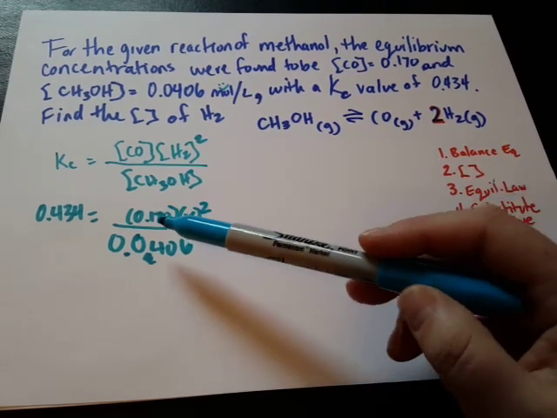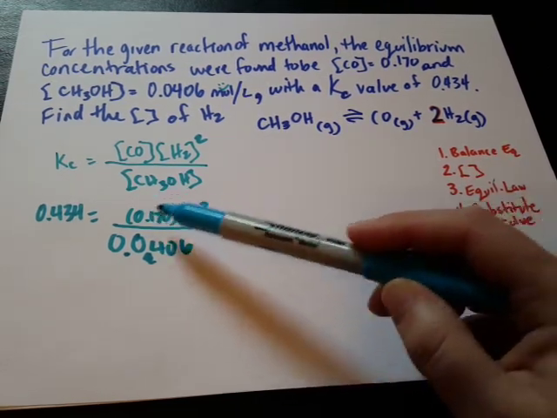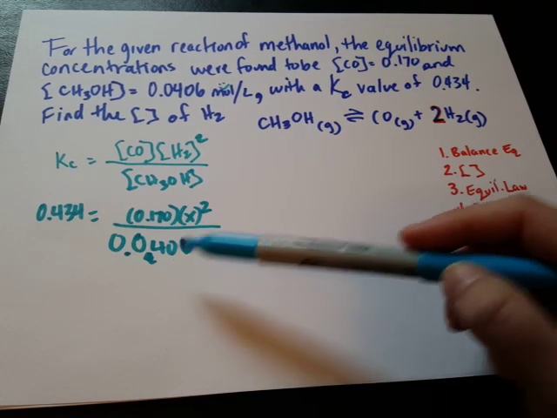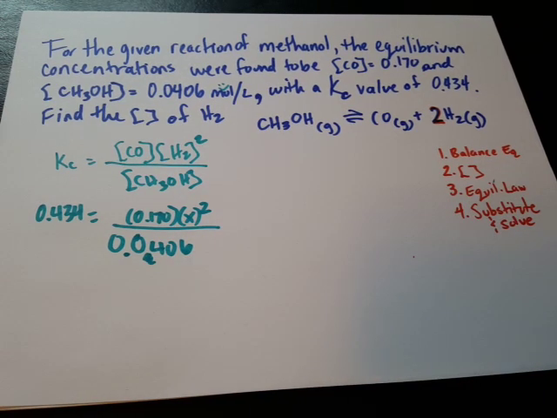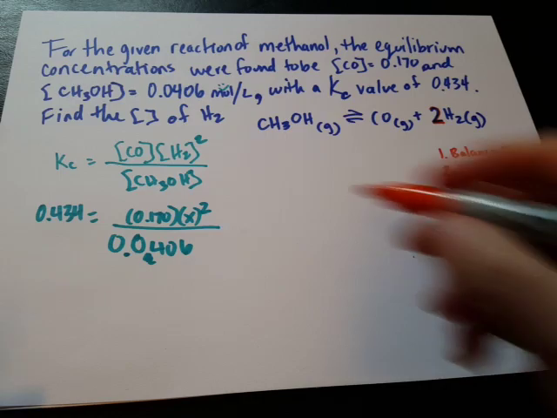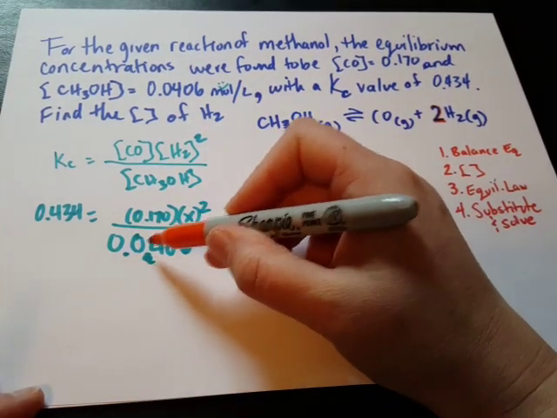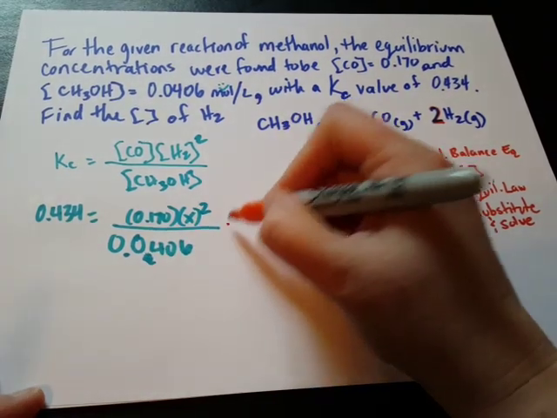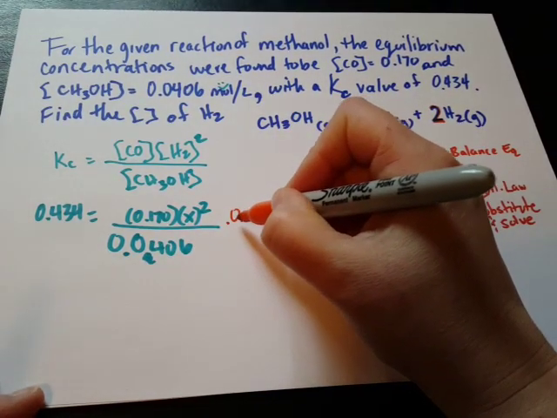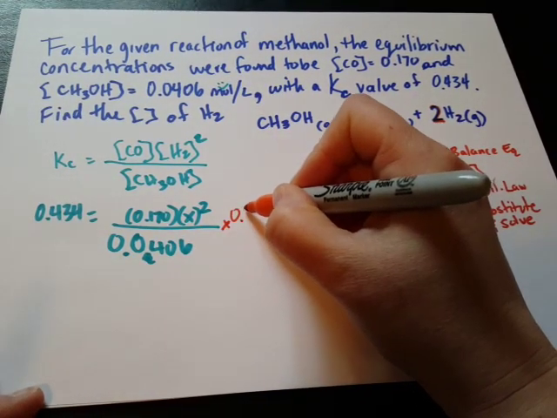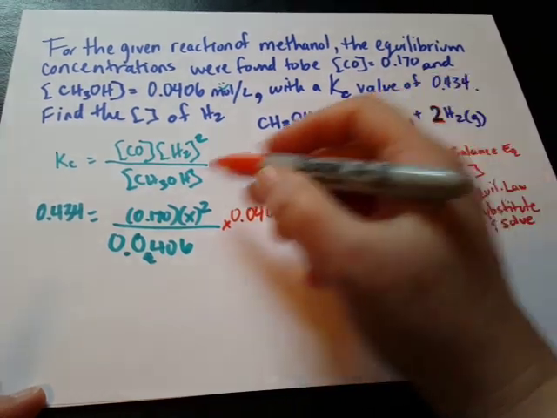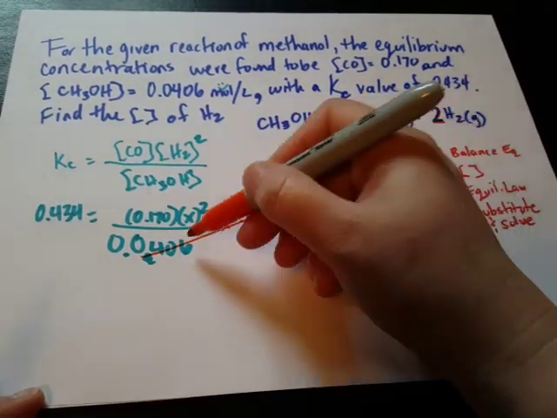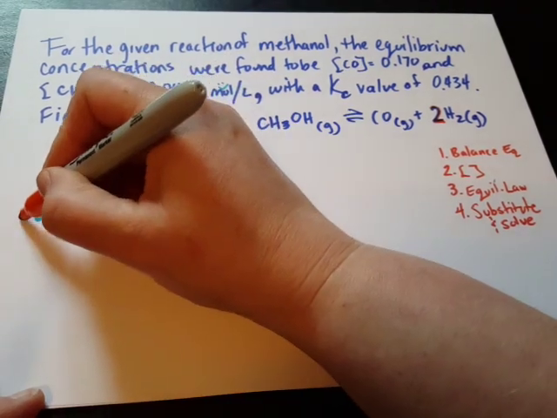First step, we cannot do anything to the numerator at this point because we have that denominator. So we're going to multiply both sides by 0.0406. If you like to cross multiply, that's fine, but really what we're doing, so we're timesing it by 0.0406, is we are creating that version of 1.